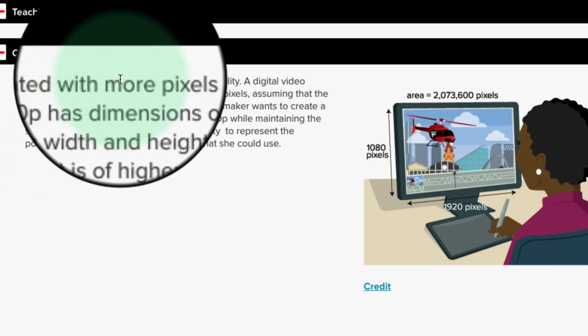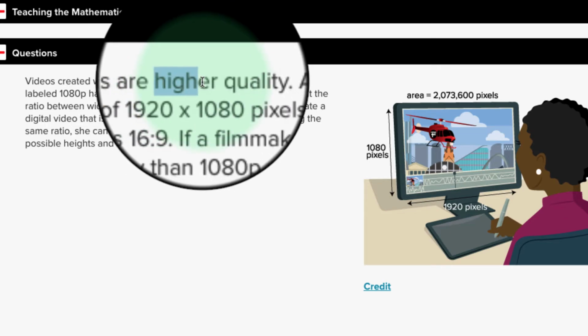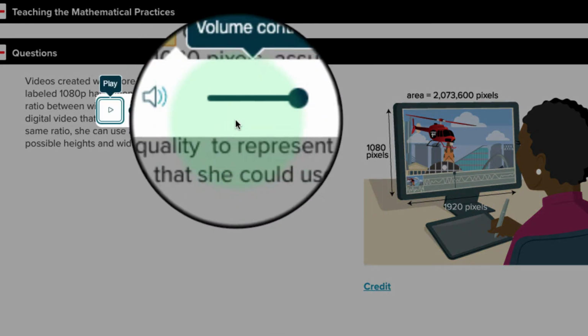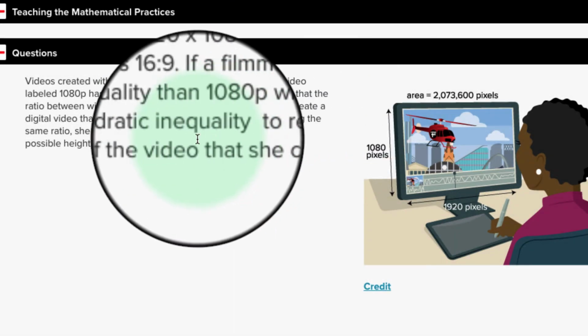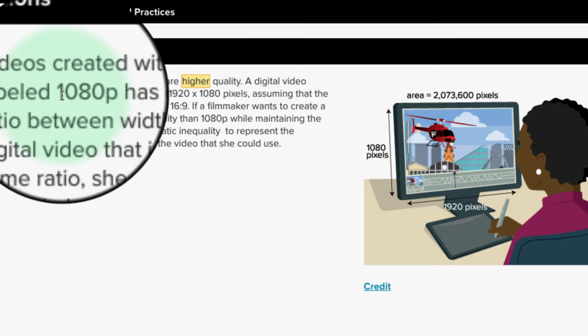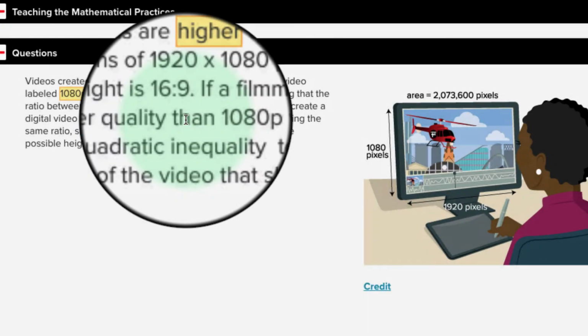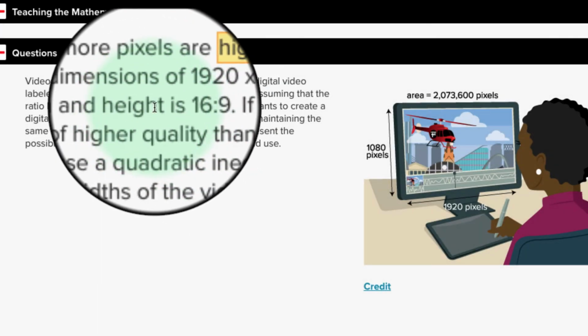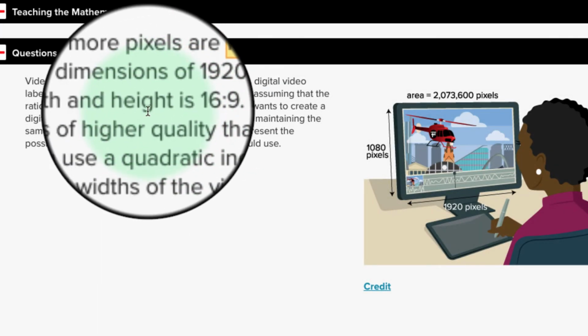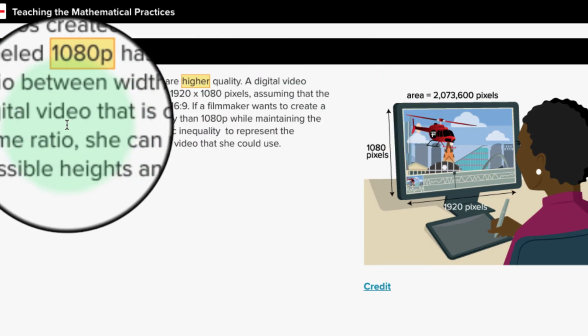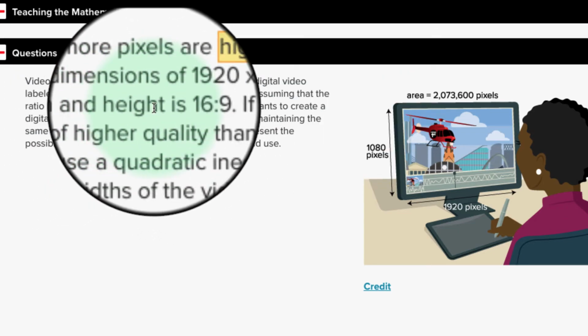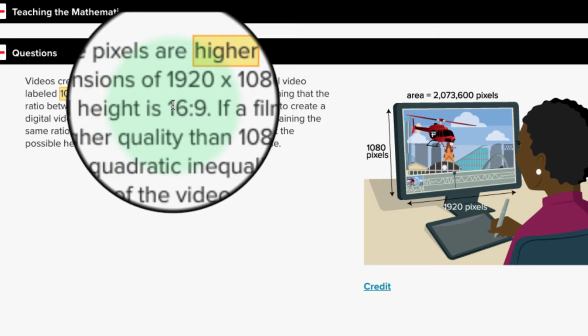Videos created with more pixels are higher quality. A digital video labeled 1080p has dimensions of 1920 by 1080 pixels, assuming that the ratio between the width and the height is 16:9.